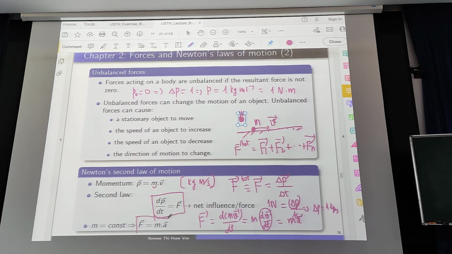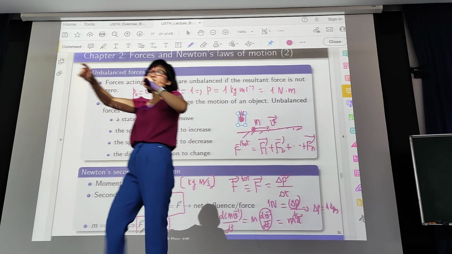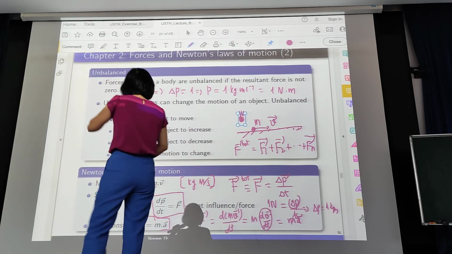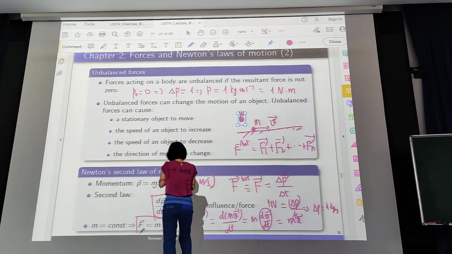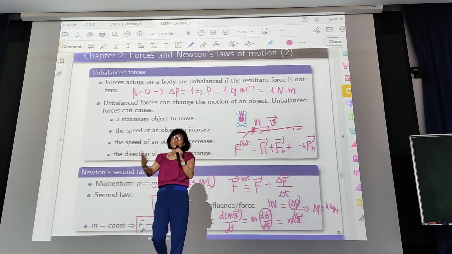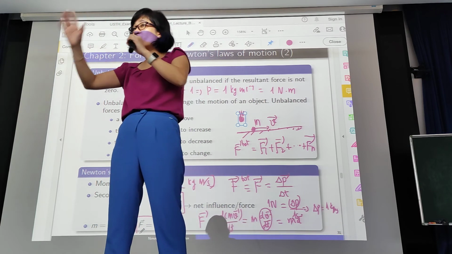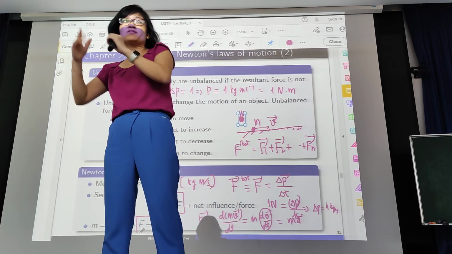So you get this form, the second law of Newton which you learned in high school. But originally, remember, Newton had this form, the change of the momentum. This is more general because it is still correct for an object whose mass changes with time.